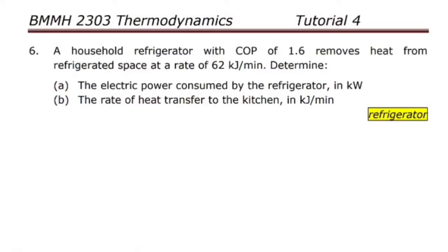Question 6. A household refrigerator with COP of 1.6 removes heat from the refrigerated space at a rate of 62 kJ per minute. So determine the electric power consumed by the refrigerator in kilowatt and the rate of heat transfer to the kitchen in kilojoule per minute.